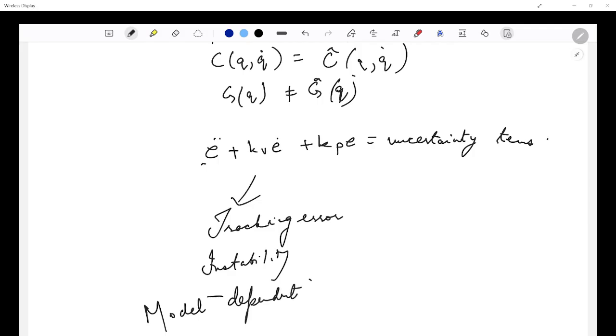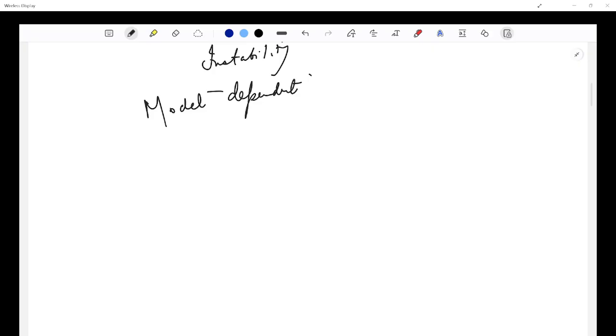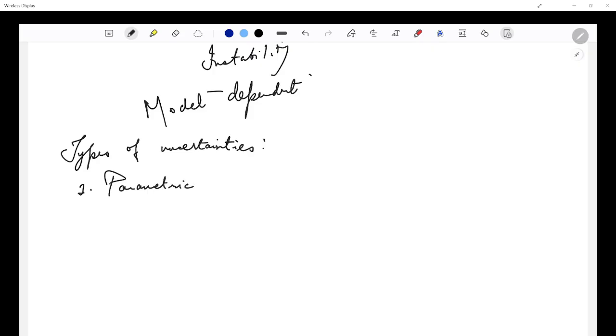Now let's see what types of uncertainties we may have. The first is parametric uncertainty. What does this mean? Your mass is unknown, your length is unknown, your inertia is unknown.